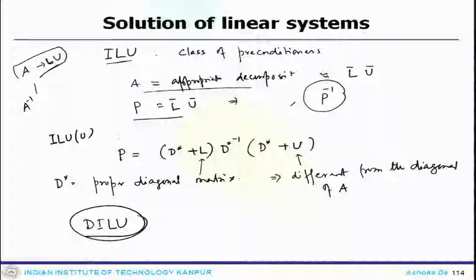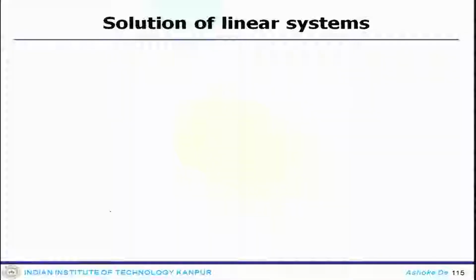So, this will lead to another class of decomposition method. So, the algorithm finds D star in the DILU method. So, this will only find the D star in the DILU.